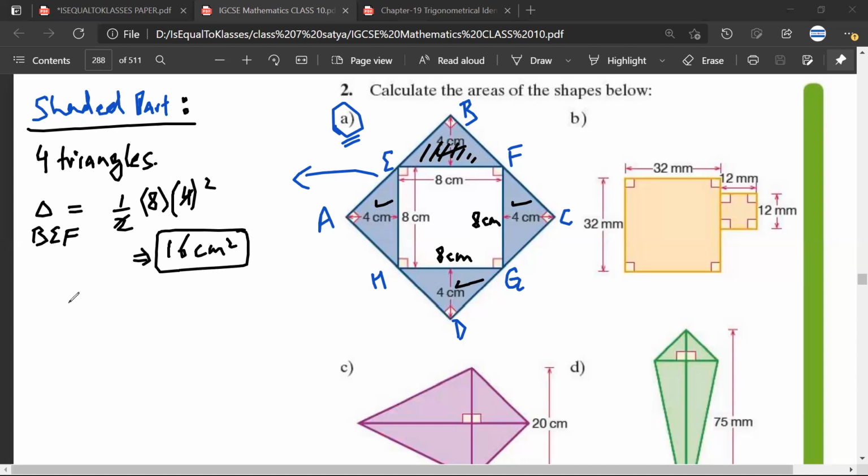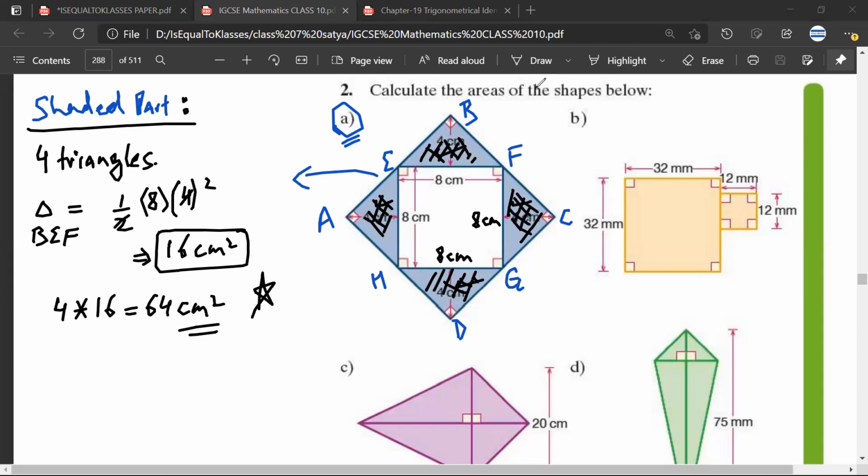We have 4 triangles like these, so it will be 4 into 16 is equal to 64 centimeters square. Any doubt about this? No, sir. So if I have to find only the shaded part, this is the shaded part, then the area of the shaded part is 64 centimeters square.